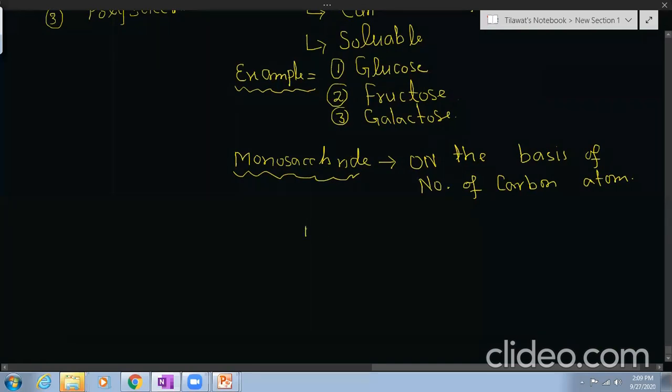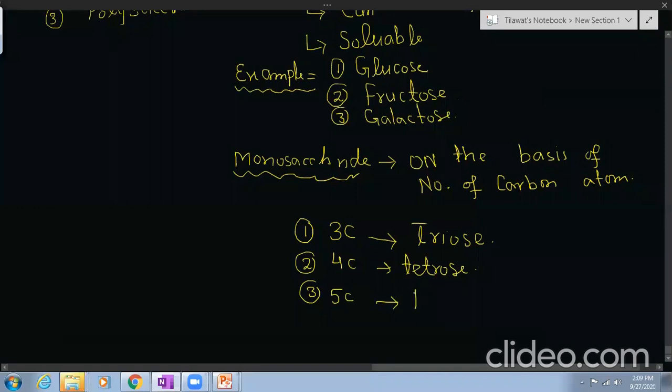For example, if a monosaccharide has 3 carbons, that is called triose. If a monosaccharide has 4 carbons, it's called tetrose. If a monosaccharide has 5 carbons, that is called what? Pentose. If a monosaccharide has 6 carbons, that is called hexose.